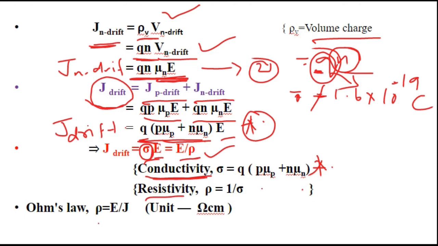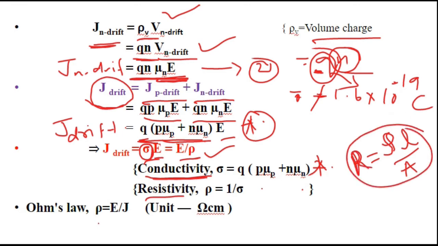Now what is resistivity? How is it related to resistance? The resistance R of a material is equal to resistivity rho times the length of the material divided by the cross-sectional area A of the material. Every material has a different resistivity, and we can calculate the resistance of the material with the help of this formula.